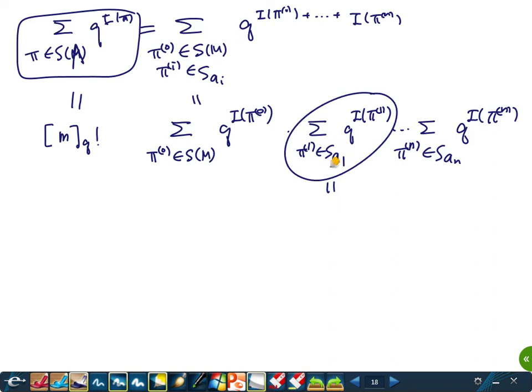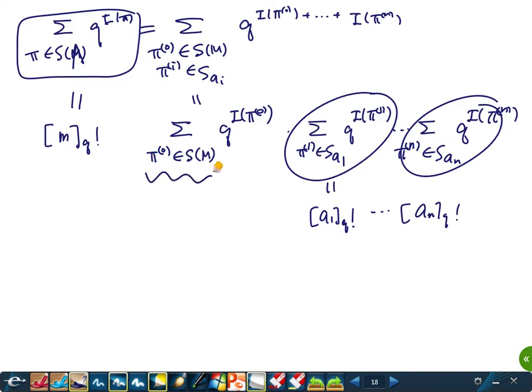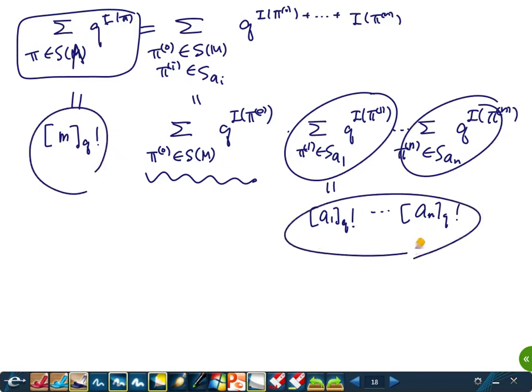Again, it's just permutations. So [a_1]_q factorial, and this also, [a_n]_q factorial. So this is what we wanted to know. Now we have everything. So we obtain that this is equal to this divided by this. That's the proof. So we just use the fact on permutations to obtain the fact on the permutations of a multiset. Any question about this proof?